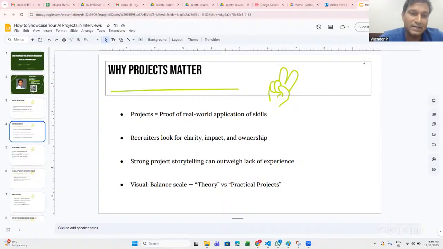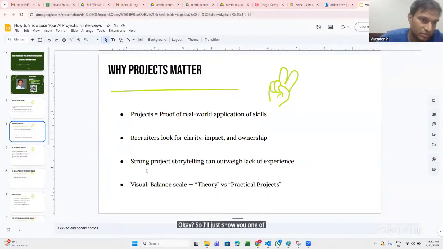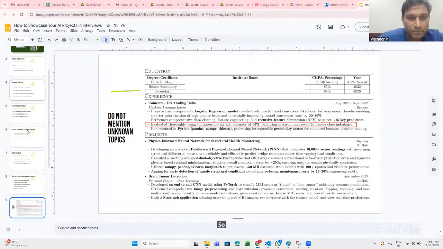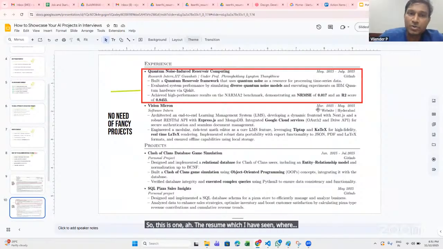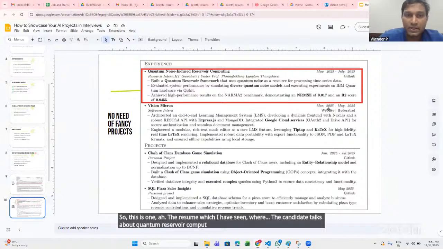Okay. Is the candidate clear about what they're trying to do? Or are they just trying to say some mumbo jumbo? Okay. So I'll show you one of the resumes which I interviewed recently. This is one resume I have seen where the candidate talks about quantum reservoir computing, correct?